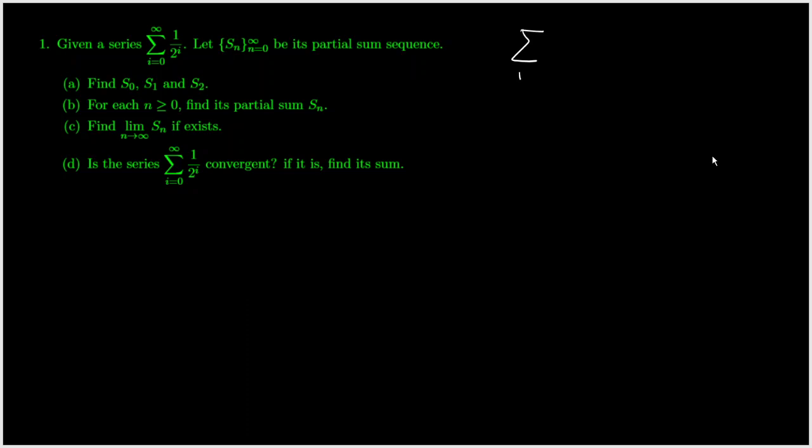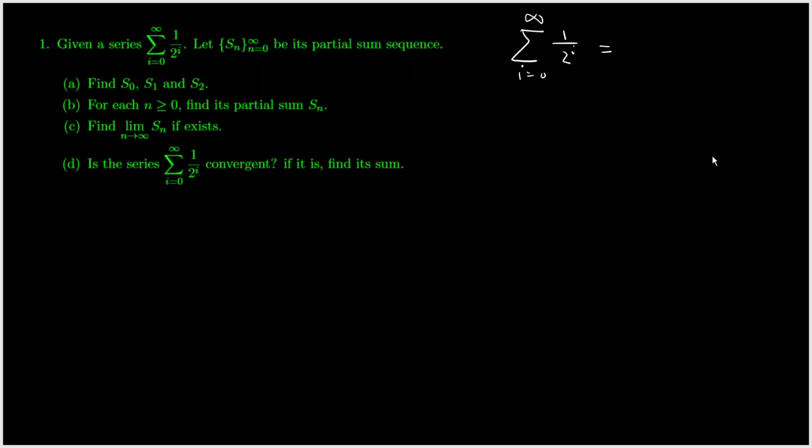Basically, the sum over i from 0 to infinity of 1/2 to the power of i. Each i value determines a term. You do not list all the terms, you add all the terms. That's the difference between series and sequences.